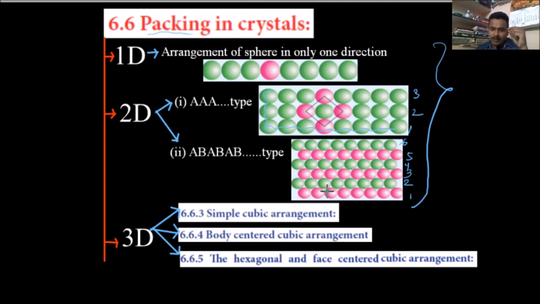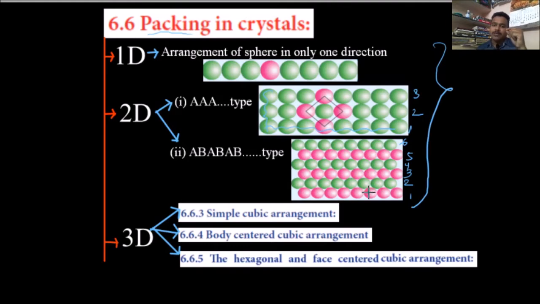In those depressions you arrange the spheres, and that will be the second row. Then in the second row's depressions we arrange the third row, and in the third row's depressions we arrange the fourth row. Similarly the fifth row and sixth row.